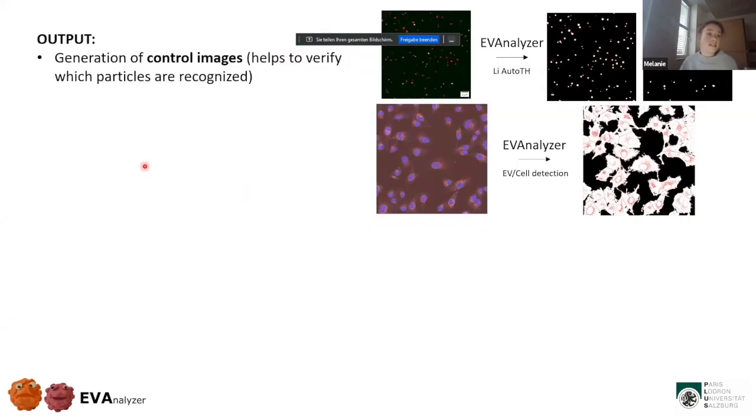During the analysis, the EVAnalyzer automatically creates these control images. Here, for example, you see a control image of an EV count from 2 channels, where we use the Li auto threshold, and you can then later have a look at what was counted as an EV, and how the EVAnalyzer gets its result.